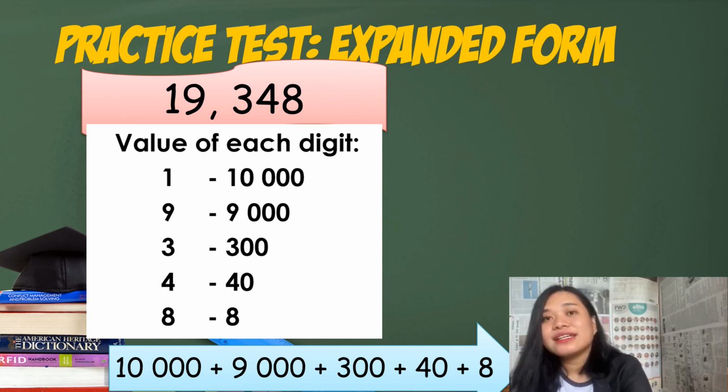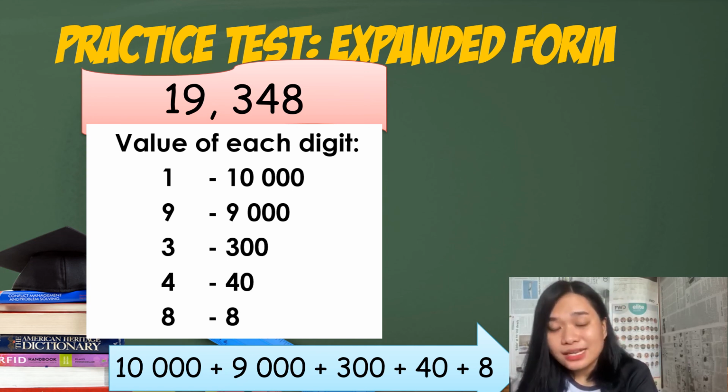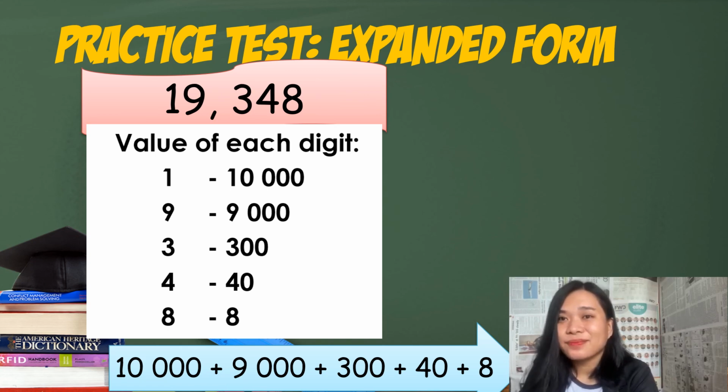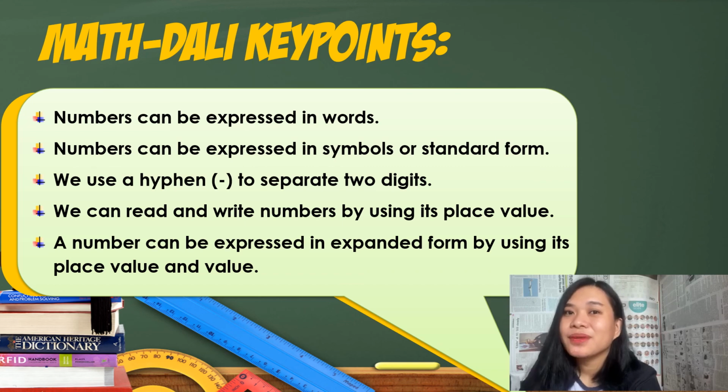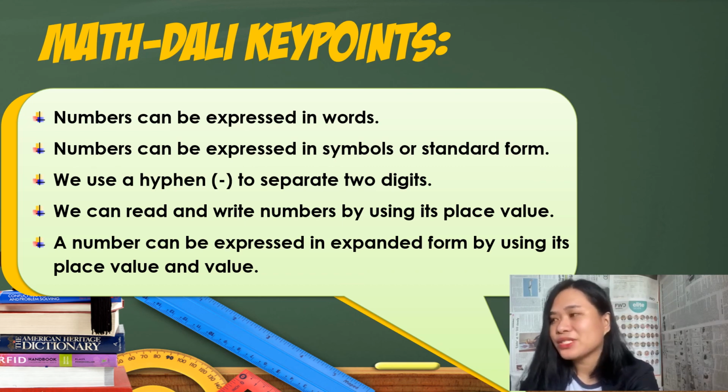So we have 10,000 plus 9,000 plus 300 plus 40 plus 8. That's how you write numbers in expanded form through value. You're ready to answer the following activities in your module on your own. But let's remember these MATH-DALI key points.